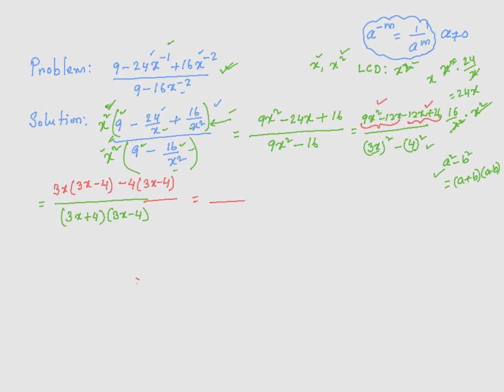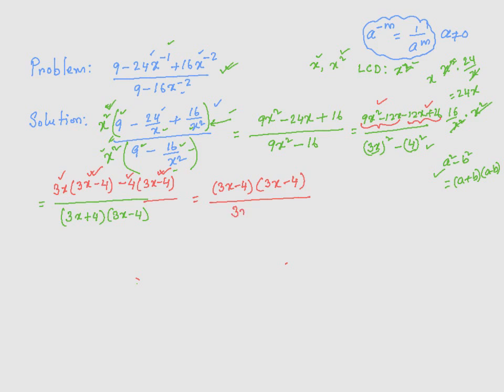Now I can continue. So I have 3x minus 4 here, 3x minus 4. I can factor that out. If I factor out 3x minus 4, I'll be left with 3x here. And if I factor 3x minus 4 from the second term, I'll be left with negative 4. Oh, by the way, they are the same, so it's a perfect square, right?